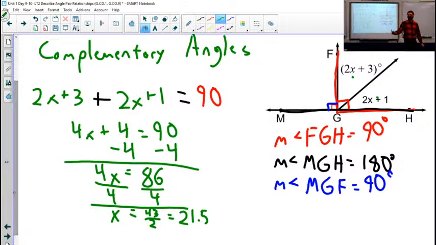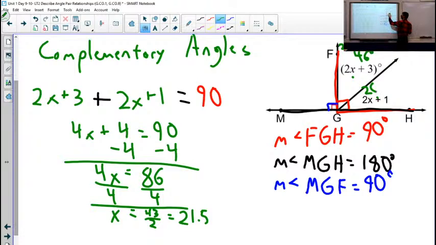As always, I can plug in and see if my equation is working, to see if when I solve this out, it comes out the way it should. So if I've got 21.5, I can take that and put it in for x. Two times x is 21.5 plus 3. Remember, this is 43 over 2. So if I take 43 over 2 and multiply it by 2, I'm just going to get 43. So 43 and 3, that's 46.